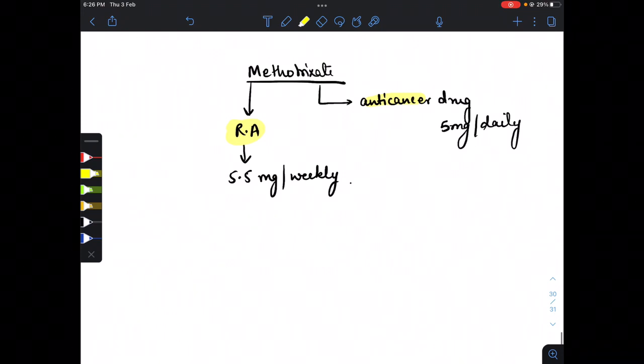Now in rheumatoid arthritis, it increases the adenosine extracellular receptor, that is anti-inflammatory. Also methotrexate inhibits the dihydrofolate reductase.